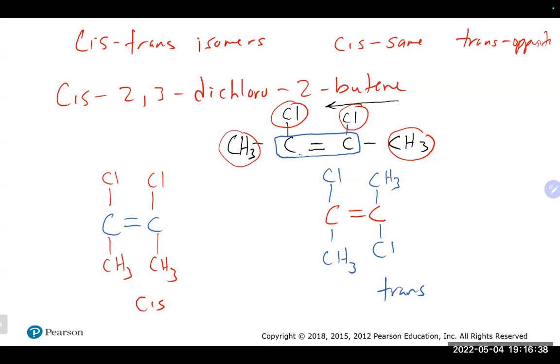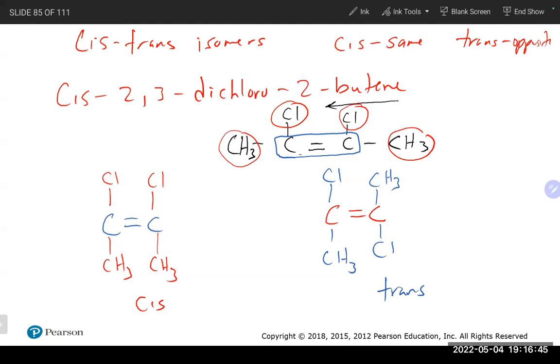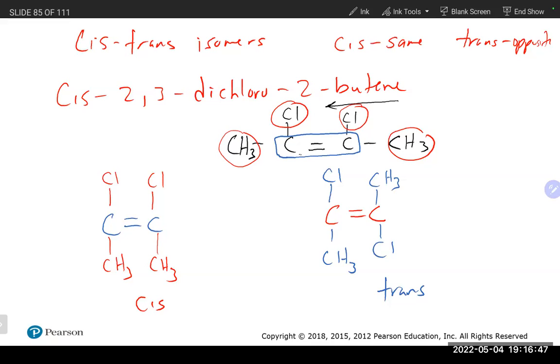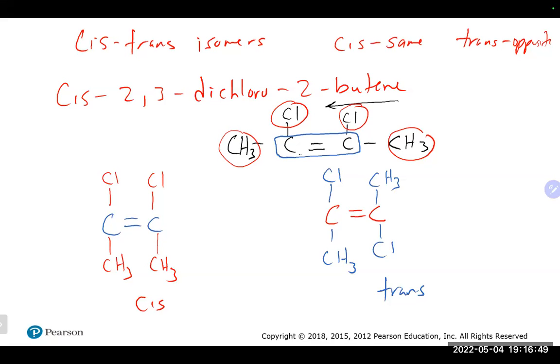The other important thing when you have these structures drawn with the cis or trans showing, as we finished up with last time, is that if you are asked to name it, you don't just focus in on the double bond. It's very common for people to say, okay, longest carbon chain is 2 because it's drawn that way.